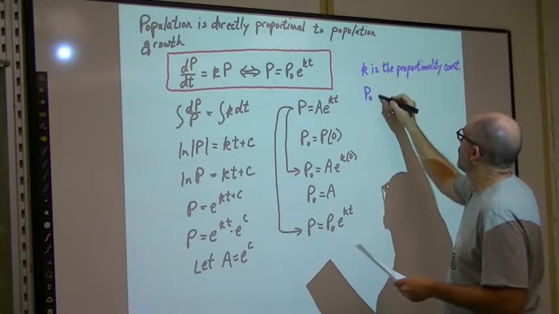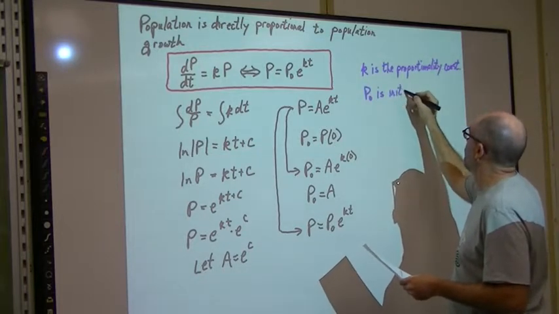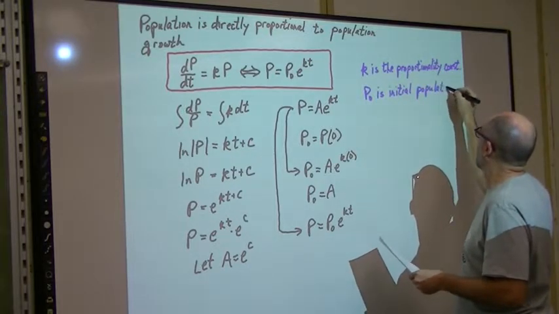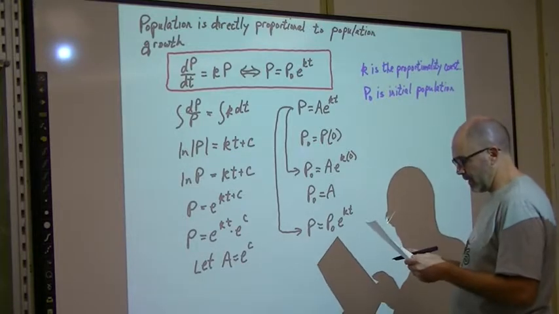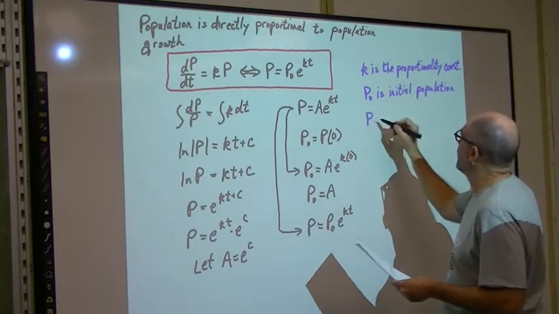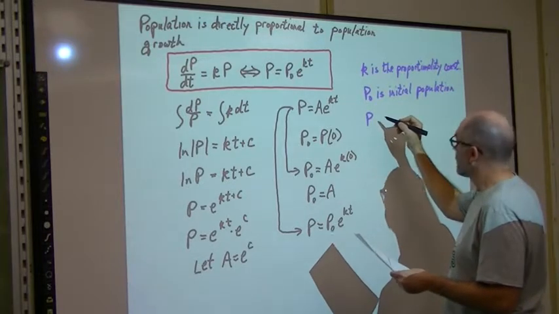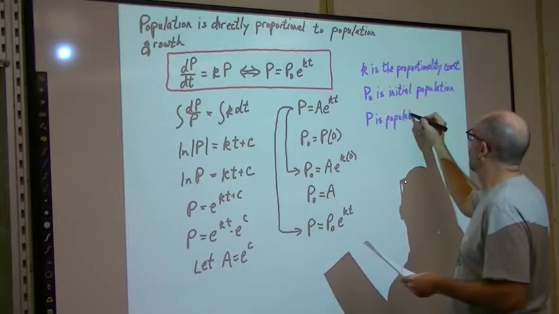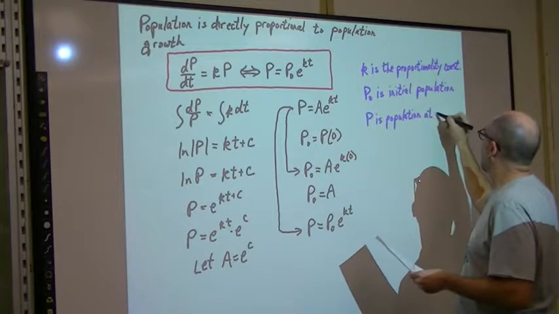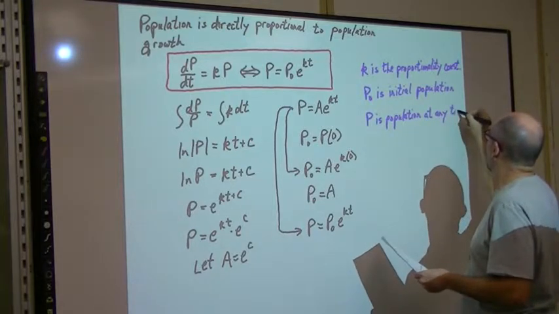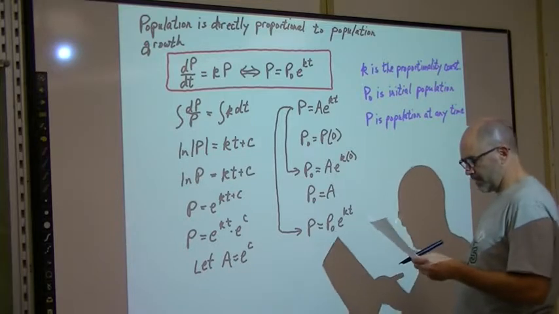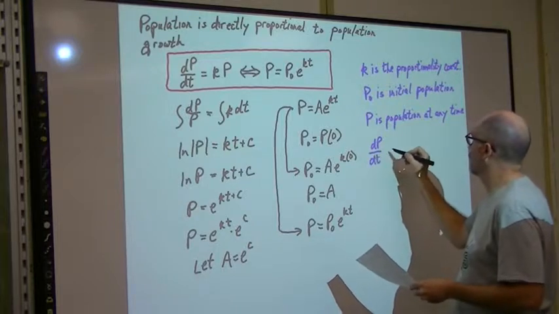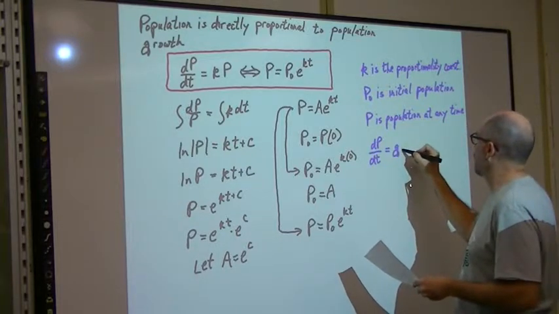P sub 0 is the initial population. Then P is the population at any time t. dP/dt is the growth rate.